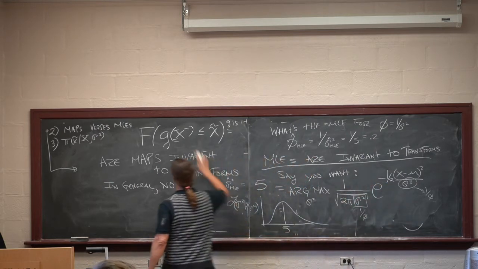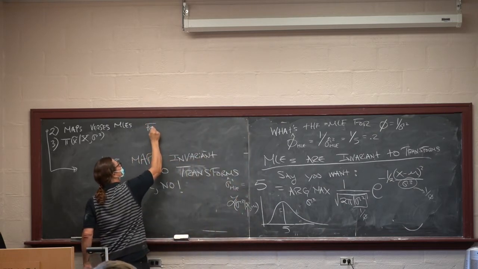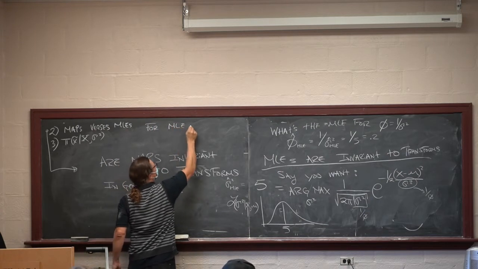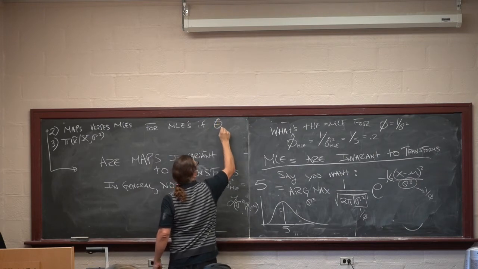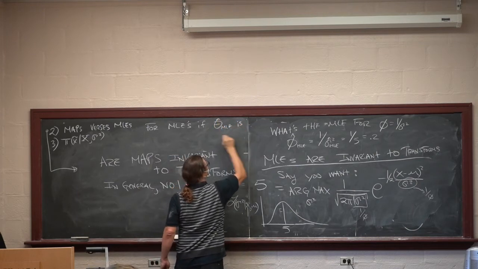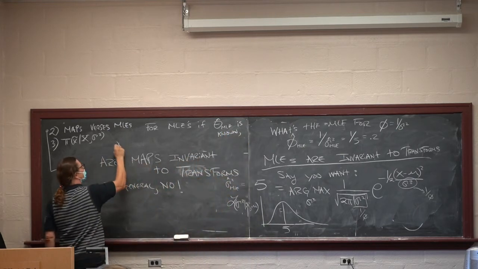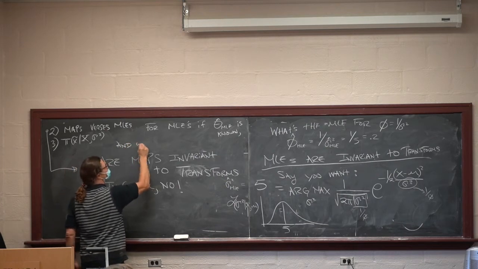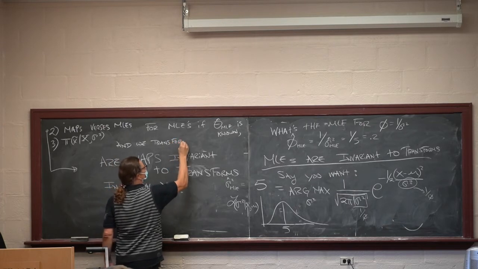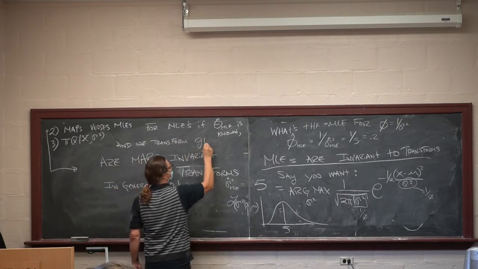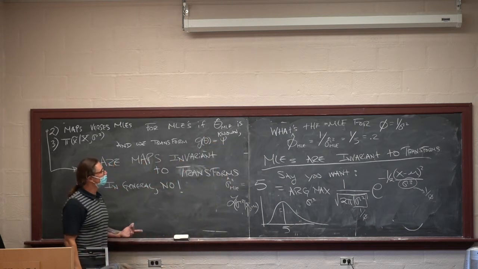So in general, for MLEs, if theta hat MLE is known, and we transform and change scale, let's say g of theta is equal to psi, which will give us new arguments.